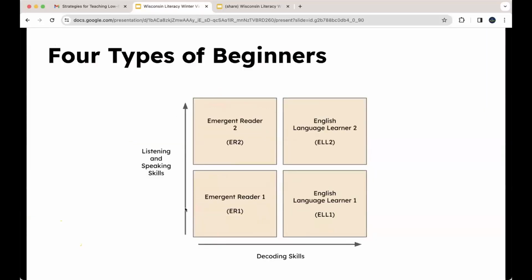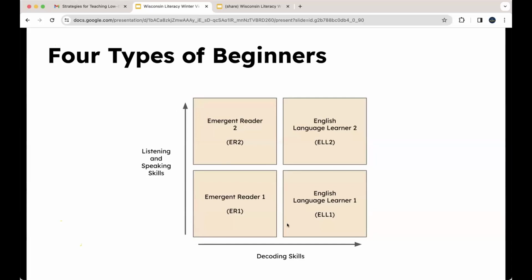So you'll see in this chart that I have along this side a range of listening and speaking skills from low beginning to high beginning. So this is one important range to consider when you're thinking about a beginning level student. What is their listening and speaking skill from a low to high range?